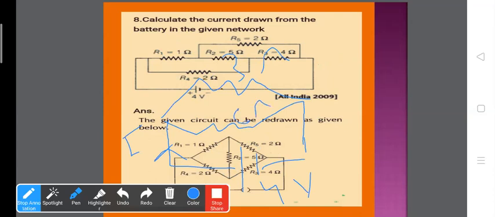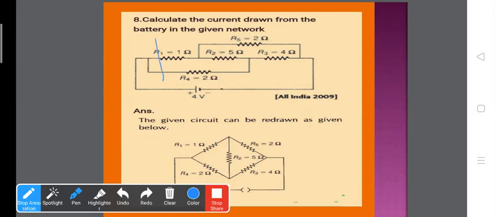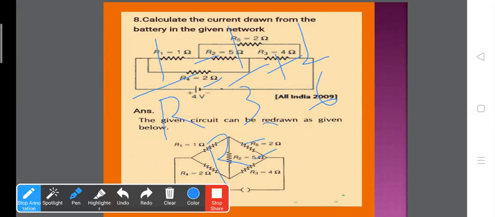Again, 3 ohm and 6 ohm are connected in parallel combination. So the combined resistance of the circuit is given by 1 upon R equal to 1 upon 3 plus 1 upon 6. On solving, we will get R equal to 2 ohm. Clear? R equal to 2 ohm.